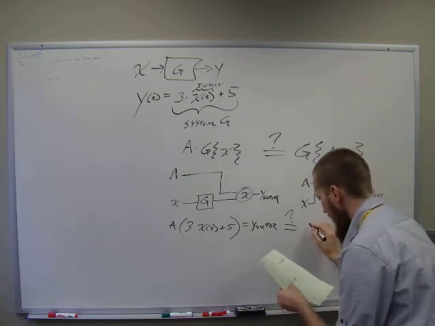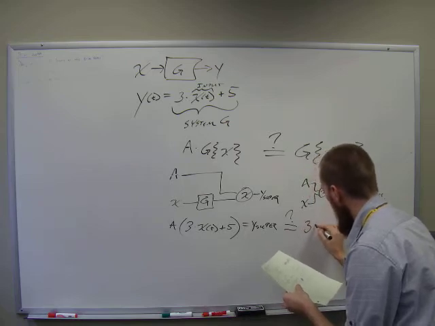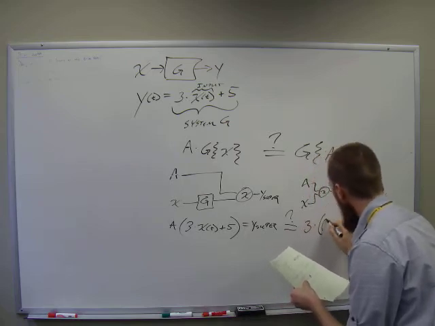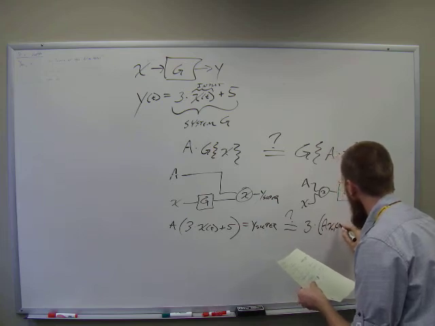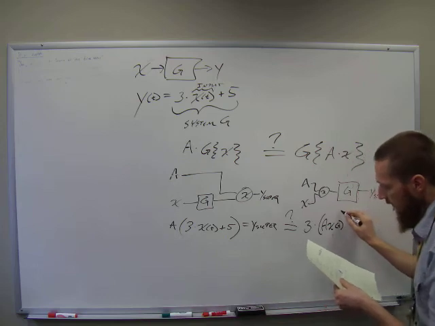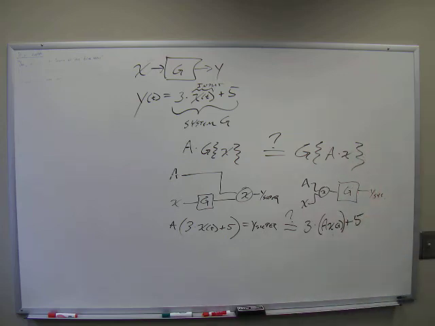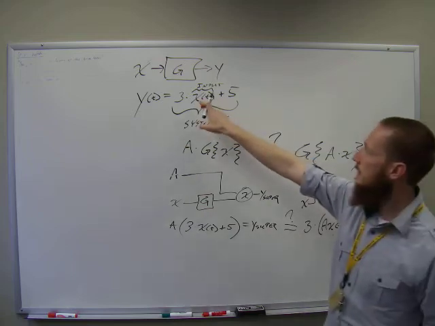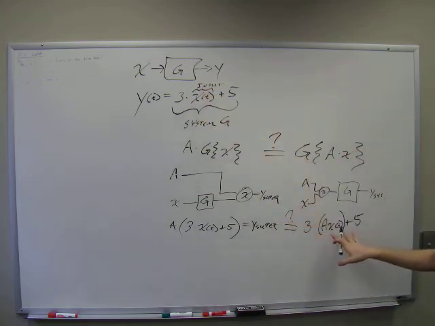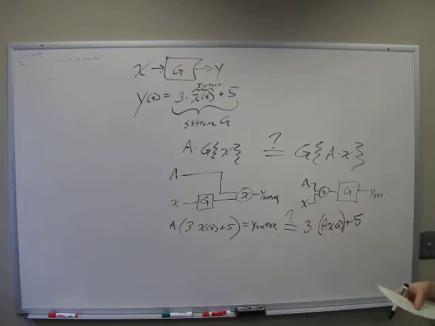So this is 3 times the quantity A x of t, plus 5. See the difference? This multiply is being done, and all of that is the input to the system. So we're doing a substitution with the input of A times x of t.